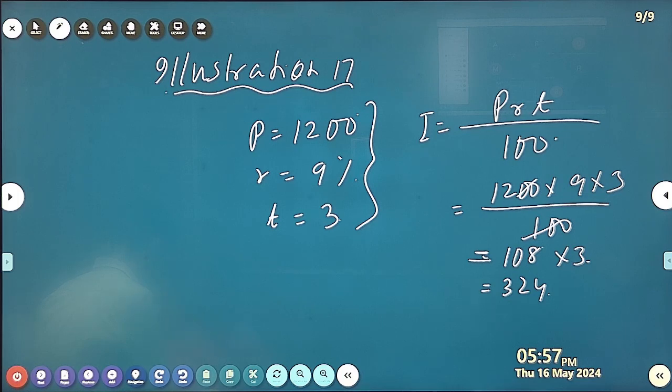Write, annuities are of two types. Number one, regular annuity or deferred annuity, when the flow of money occurs at the end of a period.